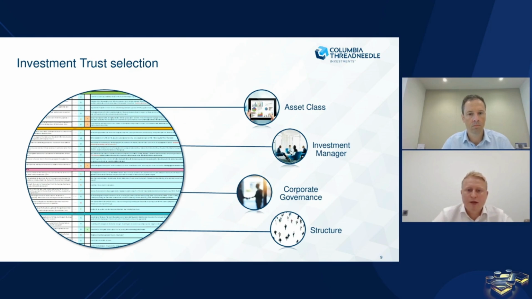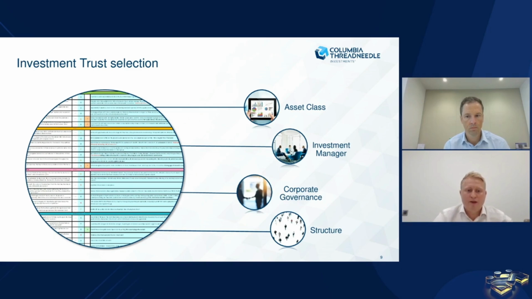Corporate governance, increasingly a focal point when it comes to investment trust performance. We look at the board, we try and understand their relevant experience and really how shareholder friendly they've been through time, and what measures they have implemented in order to potentially close discounts, and thinking about shareholder returns over the medium term. And then lastly, structure.